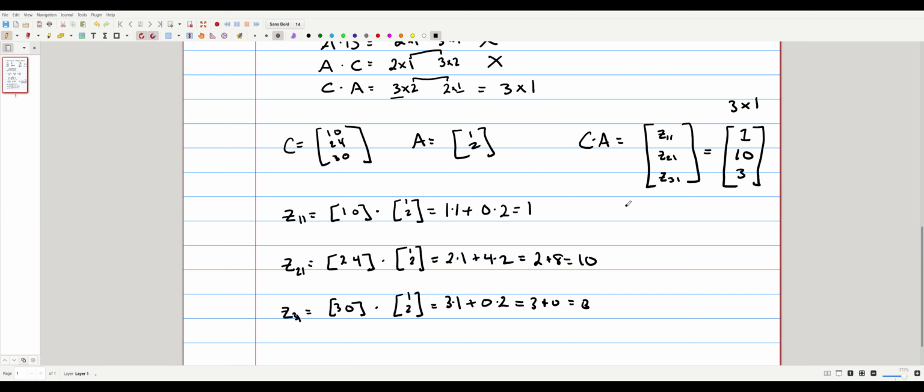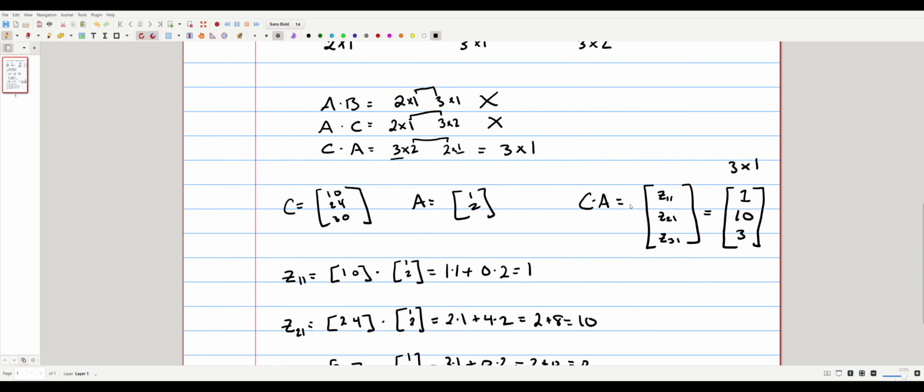So we'll do one more example, but one thing I want you to notice is that C times A was this matrix, but recall that when we tried to do A times C, we couldn't even get a value. We couldn't get anything because it's not allowed. So matrices are the first thing that you get exposure to where A times B does not necessarily equal B times A. Because with numbers, whether you do 3 times 2 or 2 times 3, you get the same thing, and 3 plus 2 is 2 plus 3.